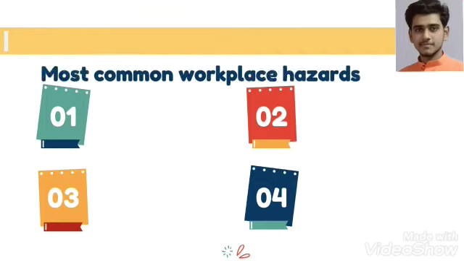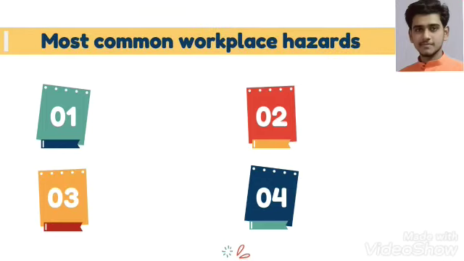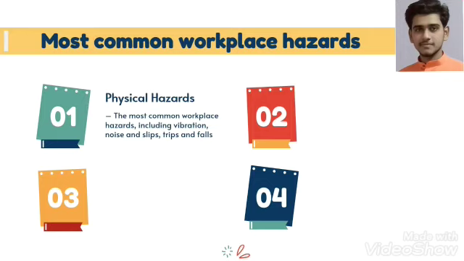Now, what are the common workplace hazards or types of workplace hazards? There are basically 4 types. First is physical hazards. Physical hazards are the most common at workplace, including vibration, noise, and slips, trips, and falls. Next is chemical hazards.